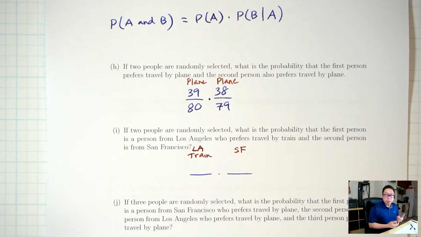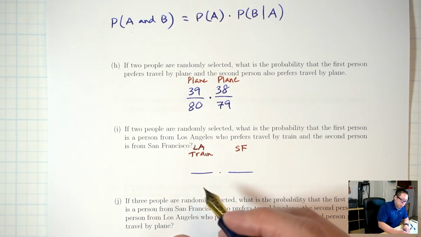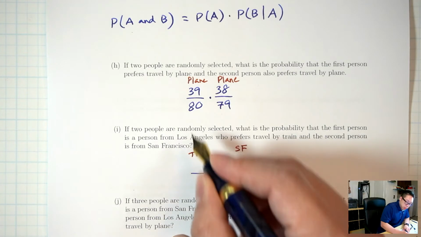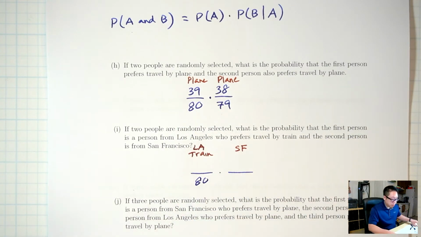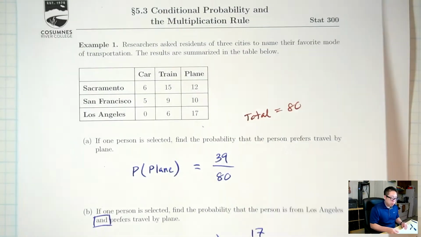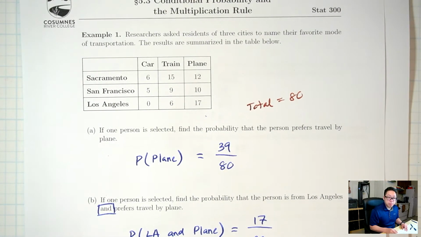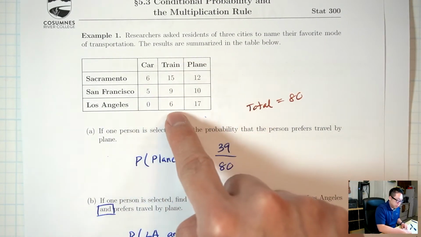All right, we're going to handle this as two separate fractions in steps. For the first person, the bottom's going to be everybody, so it's going to be still 80. And then for the top, I want LA train. So how many people are LA train? 6.